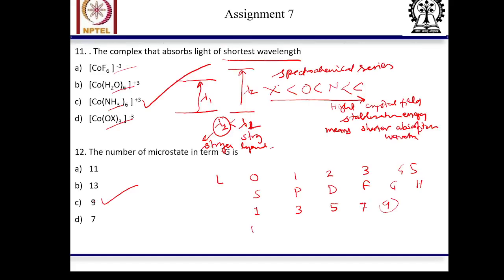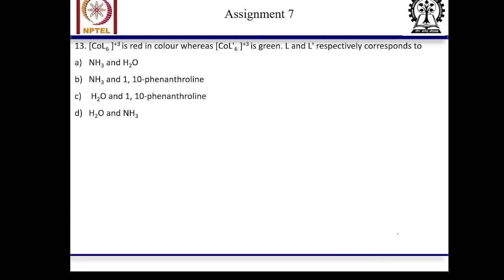So basically this one has only 0, this has 1, 0, minus 1, this is having 5 from minus 2 to plus 2 including 0, this is minus 3 to plus 3 including 0, this is minus 4 to plus 4 including 0. That is the answer for the earlier question. This one is red in color, other is green in color.